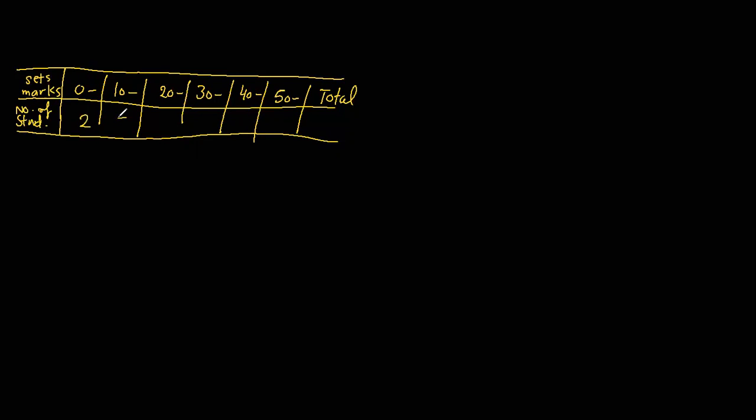If we have an example like this, between the sets of marks and the number of students: 0, 10, 20, 30, 40, 50, the frequencies are 2, 5, 8, 19, 14, 2, then the total of these students will be 50.